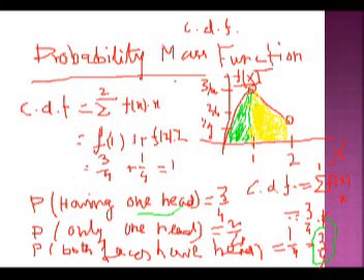And the difference between the probability mass function and the probability density function is that the probability density function is actually applicable to continuous type of data.